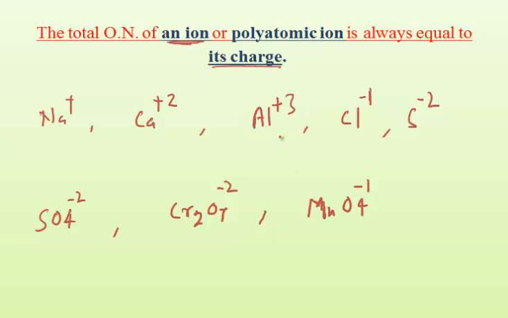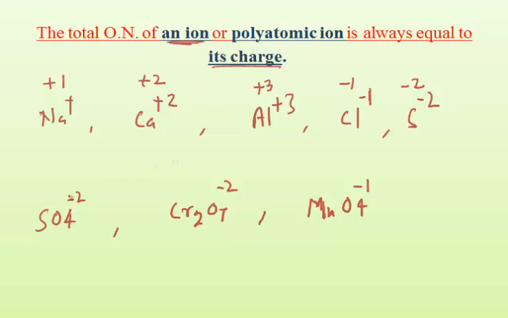Well, the total oxidation number of an ion or polyatomic ion is always equal to its total charge. Sodium has a +1 charge, that is why its oxidation number will be +1. Calcium has a +2 charge, that is why its oxidation number will be +2. Aluminum has a +3 charge, that is why it has a +3 oxidation number. The same goes for the chloride ion, which has a -1 oxidation number equal to its charge, and similarly, the sulfide ion has a -2 oxidation number. The same concept applies to polyatomic ions.